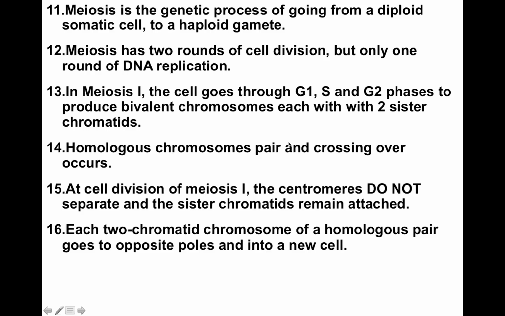Homologous chromosomes pair and crossing over occurs. At the cell division of meiosis I, the centromeres and sister chromatids do not separate. The sister chromatids remain attached. Each two-chromatid chromosome of a homologous pair goes to the opposite poles and into a new cell.